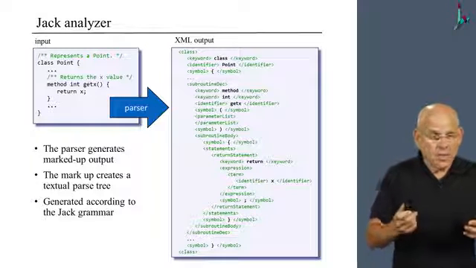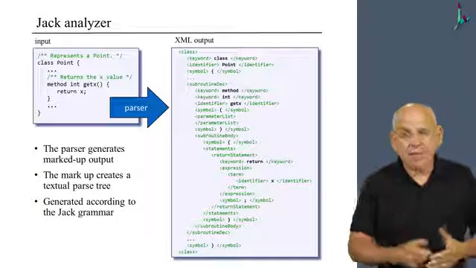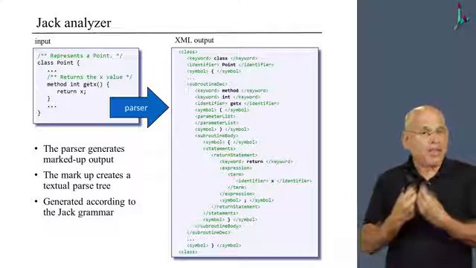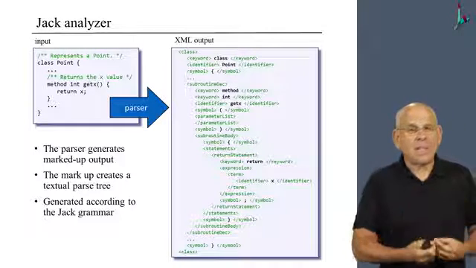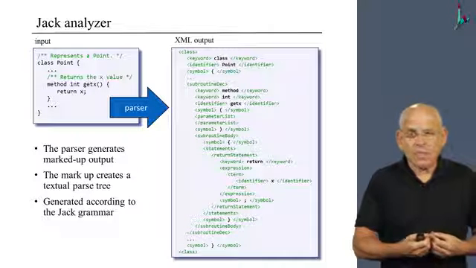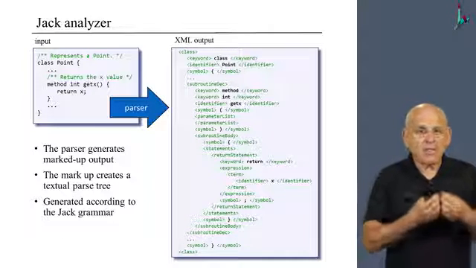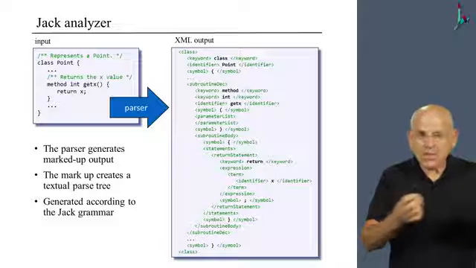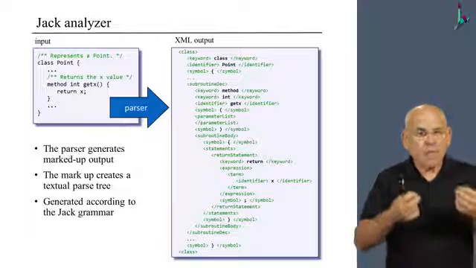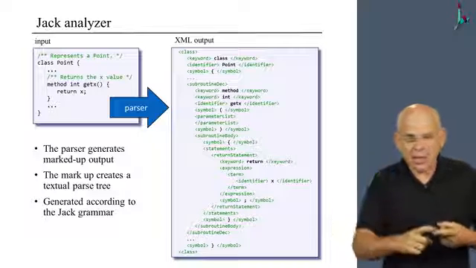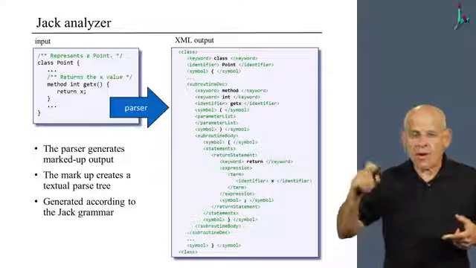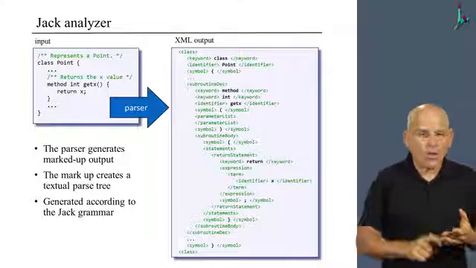So why do we do this? We do this once again because we want to create some evidence that the parser understands the source code, so that whenever the parser sees some construct in the source code, it will be able to say that what we have here is either an expression or a variable name or a let statement or whatnot.